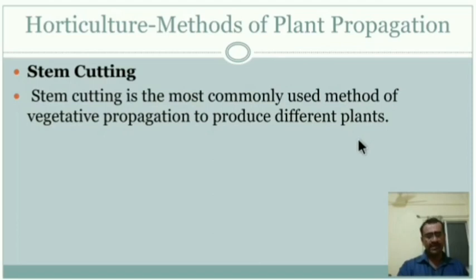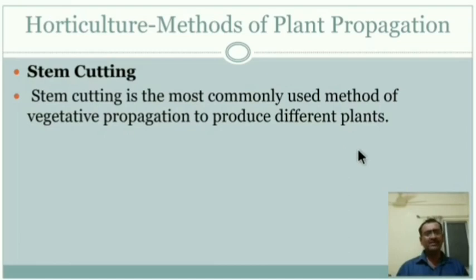The lower end develops adventitious roots, while the buds present on the cutting sprout and produce new shoots. The stem cuttings of some plants do not produce roots readily and have to be treated with a root promoting hormone such as indole acetic acid, IAA, or NAA, naphthalene acetic acid. These are for specific plants only.